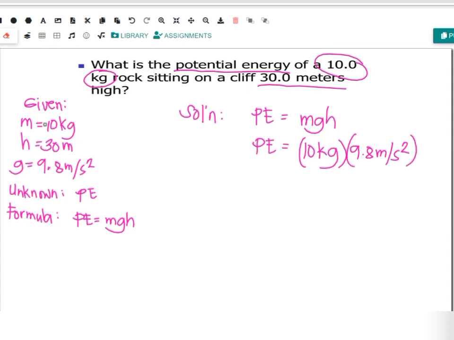And then ano yung height? Height is 30 meters. So this is very easy because all you have to do is to multiply. Multiply lang yan, isang diretsyo na yan. Kuha kayo ng calculator. Okay, so 10 times 9.8 times 30. And what will you get?